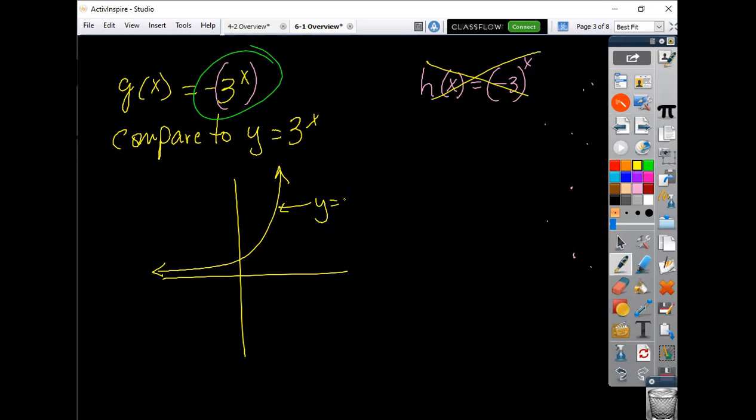This one was your y equals 3 to the x, and now I'm doing my g of x down here, but it's going to just flip it because all of your answers are going to be the same. These numbers are the same, but they're negative, so they're going to be on the bottom side. So it's like a transformation where we've flipped everything to the other side of the x-axis. So instead of my y's being positive up on the top, my y's for the transformed one with the negative in front are all going down.